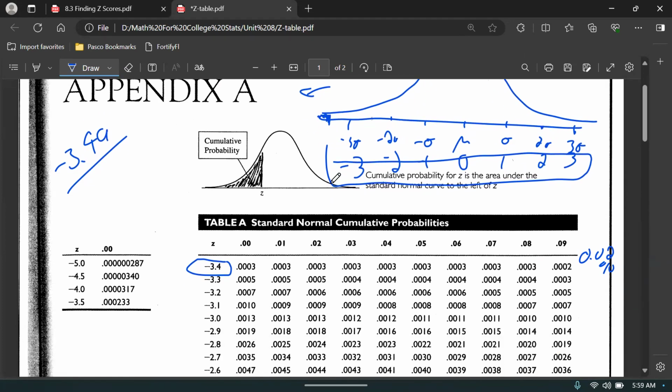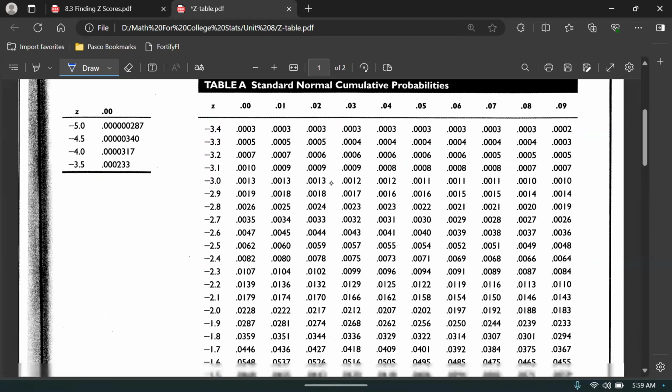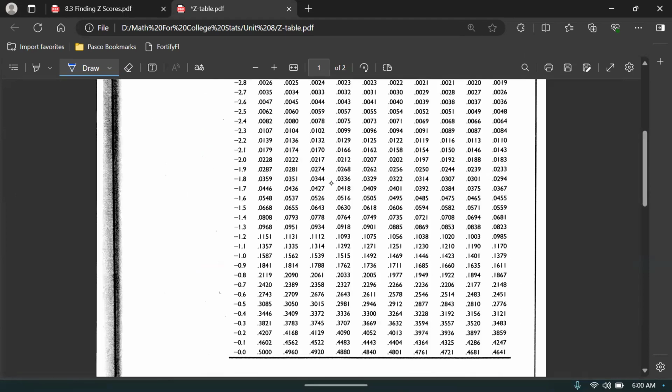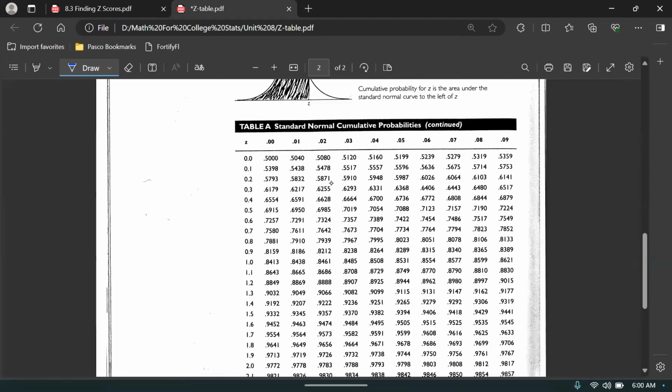To give you a little more context of how a z-score works, let's say you found a z-score of 1.23. Just so you know, you have the tenths place down here: 1.1, 1.2, 1.3, but across the side, you have the hundredths place.